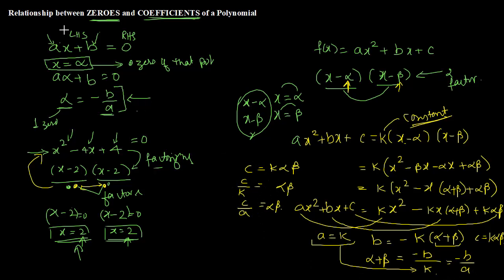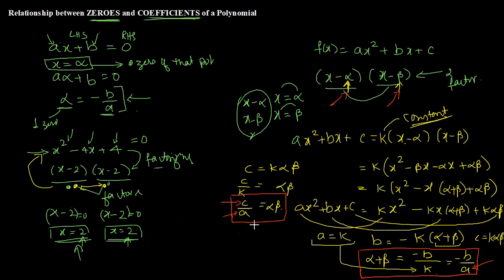So as you can see, this is the relationship between my zeros and the coefficients. In this scenario, the sum of the two zeros of this quadratic polynomial is equal to minus b, the coefficient of x, divided by the coefficient of x square, and the product is the constant term divided by the coefficient of x square.